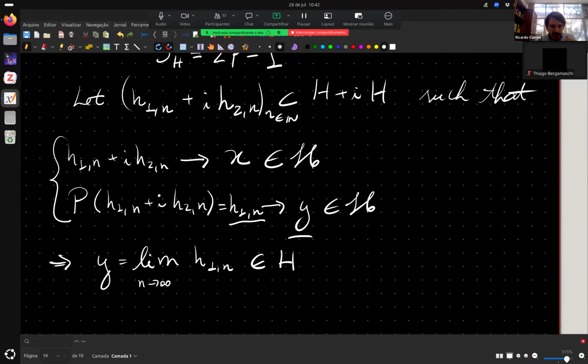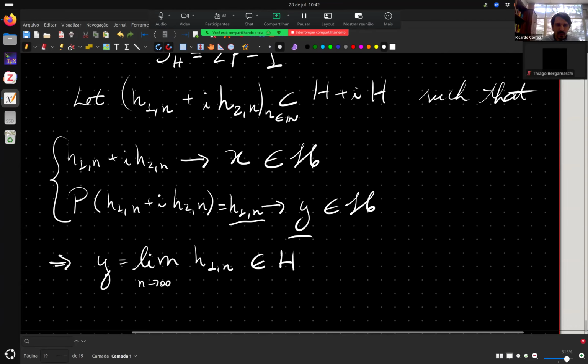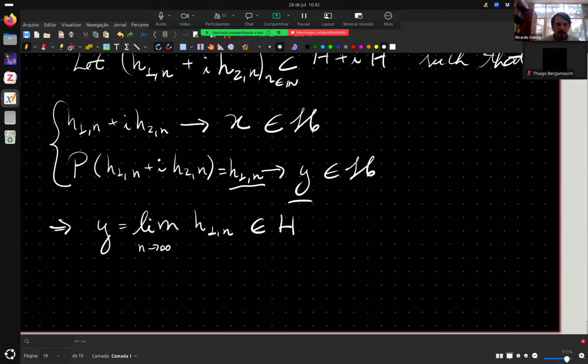It's a closed space, which means that for any sequence that converges, the limit lives in h itself. So y is in h. But now what happens to x minus y? I think that's the one I want to check.